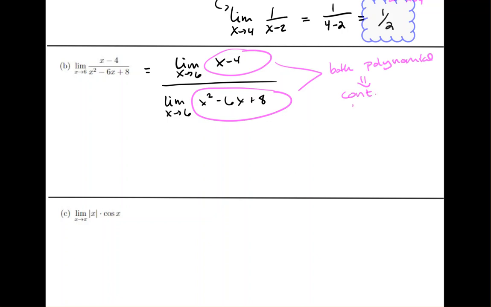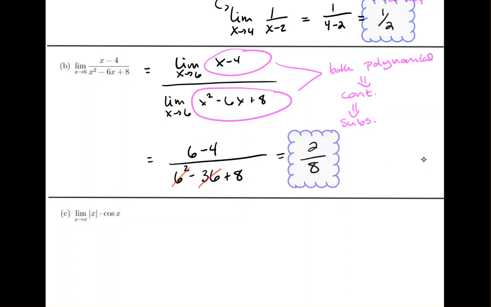They're continuous, so we know we can use our substitution theorem to evaluate this limit to just be the value of the function. And you can leave it as 2 over 8, or you could simplify it further.